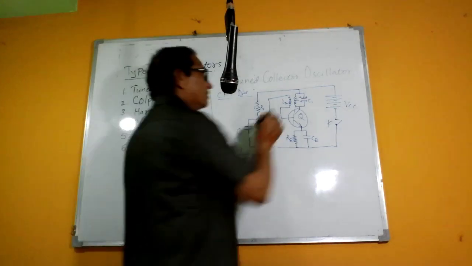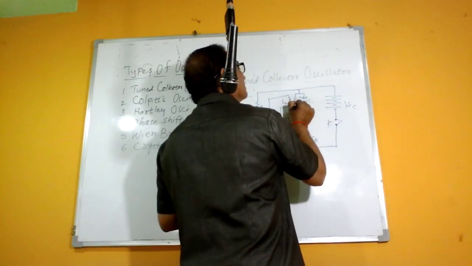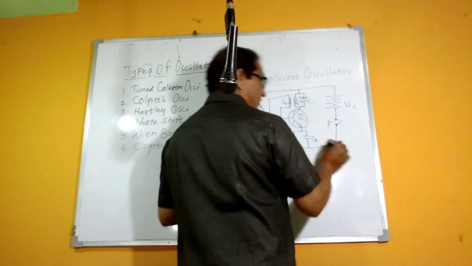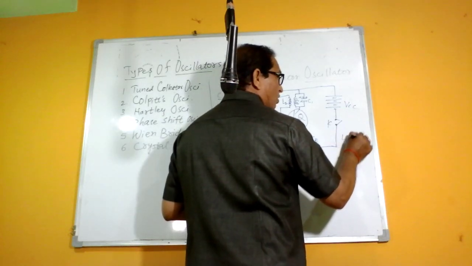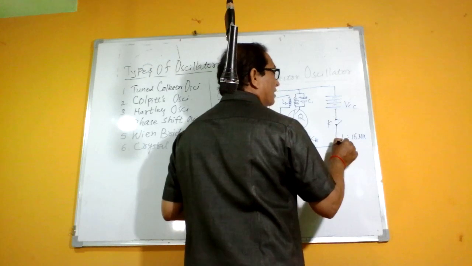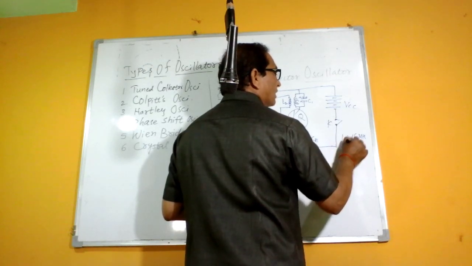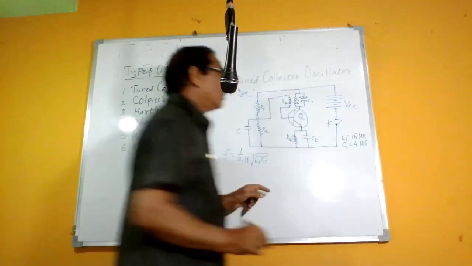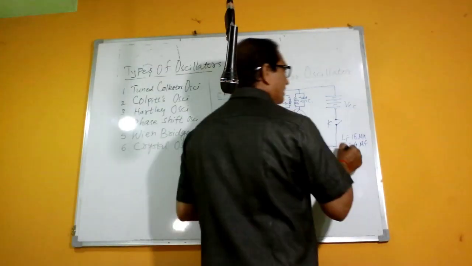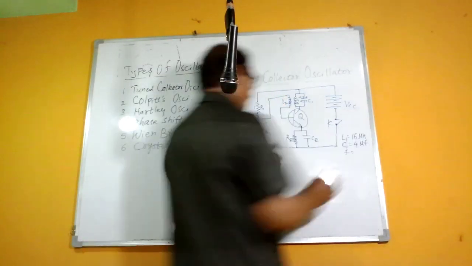So let us say L1 is equal to 16 microhenries, and the value of C1 is 4 microfarads. So you are asked to calculate the frequency of the oscillations.